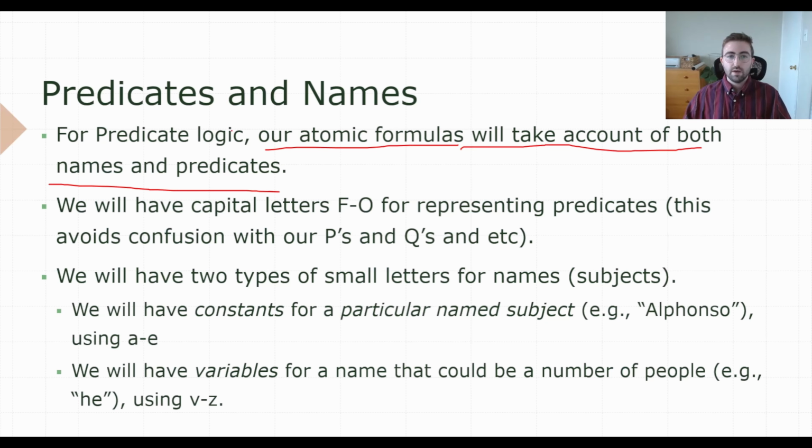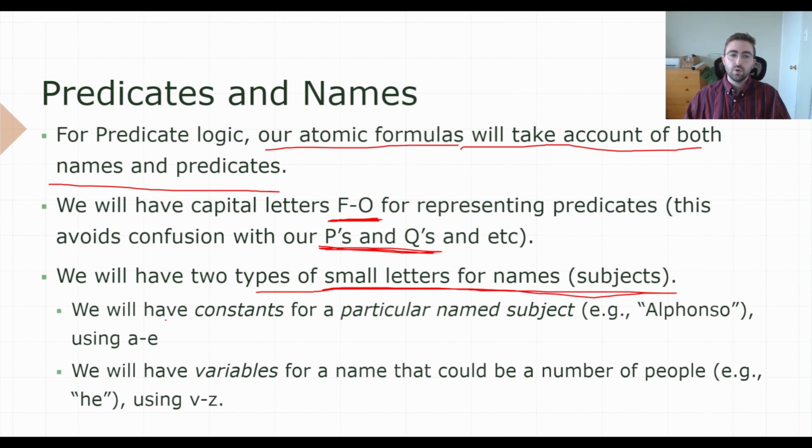So we'll have capital letters, F through O in our case, for representing predicates. This is like stylistic because we don't want to get confused with the P's and Q's we've already been using. So we're going to use F through O for predicates. And then we're going to have two types of small letters for names, for our subjects, right?